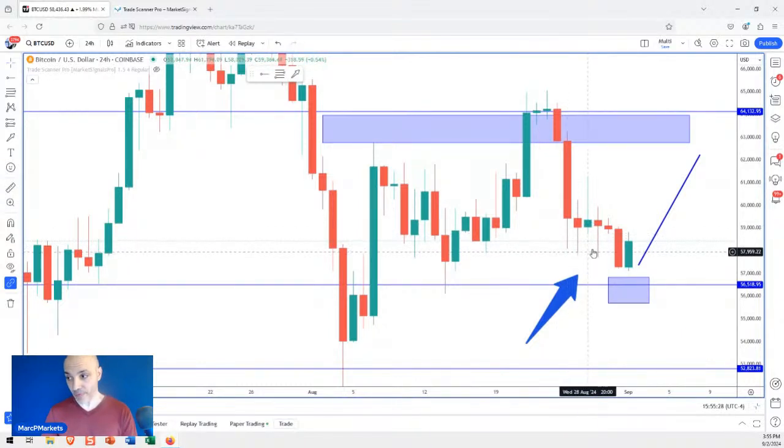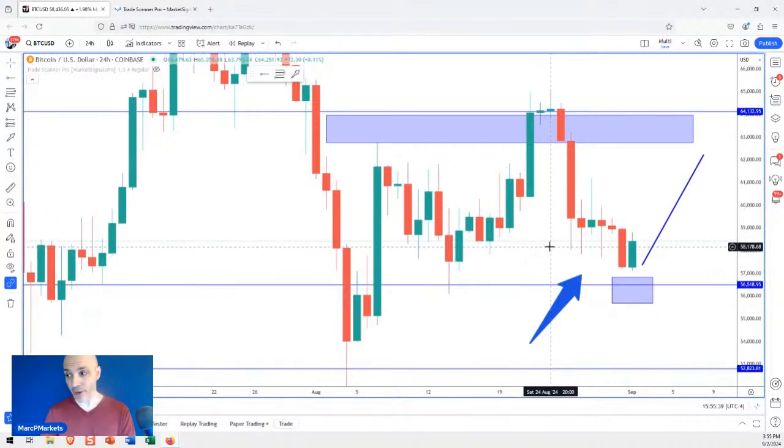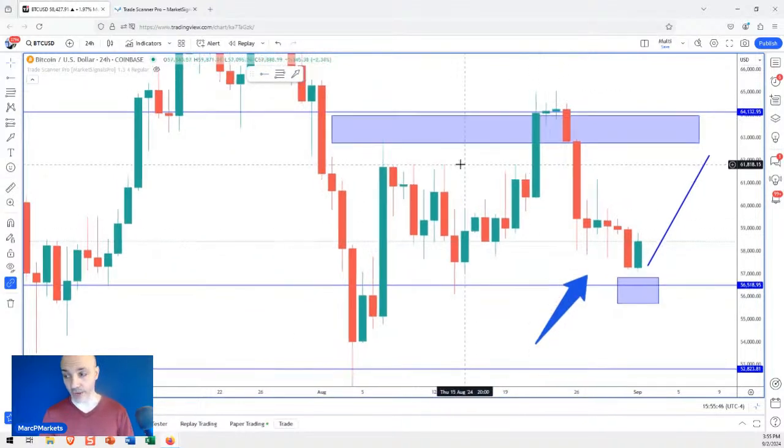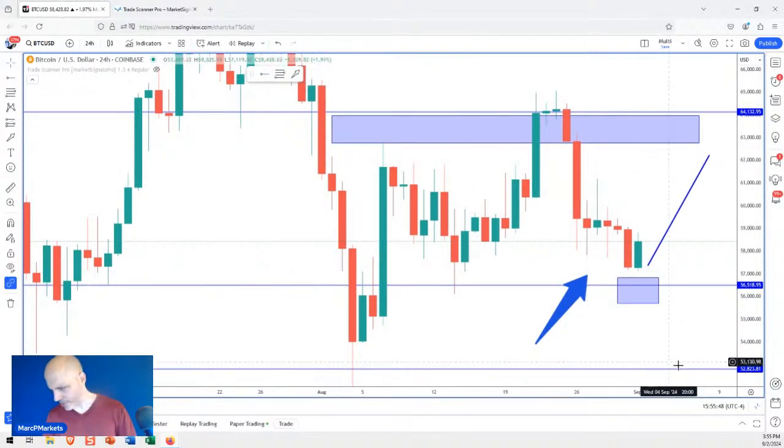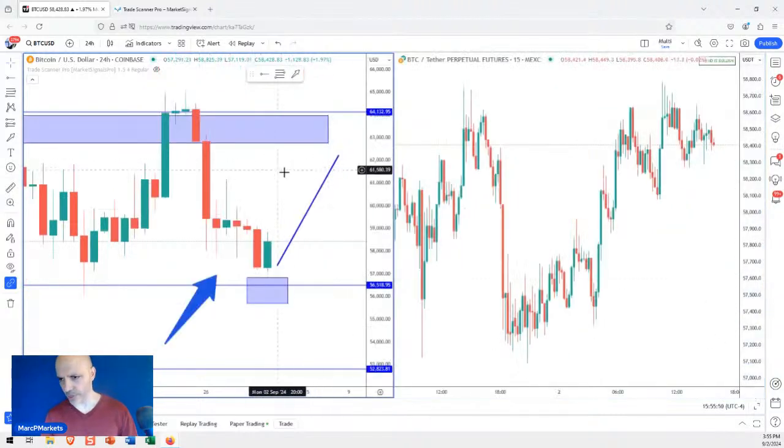So these pin bars potentially could have been areas where you could have been looking for longs on a 15-minute chart, a 30-minute chart, even a 5-minute chart. The point is, it's a minor area of support, okay? Minor means we can use smaller time frames. So let's do that. Let's take a look and see what took place there.